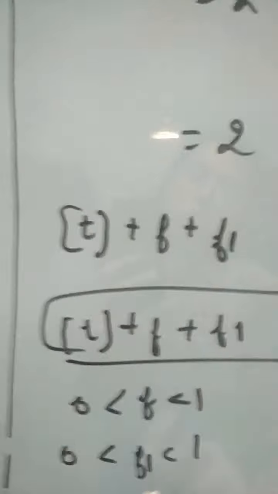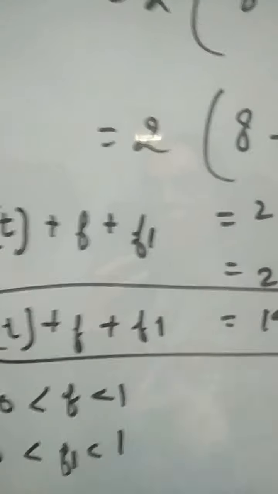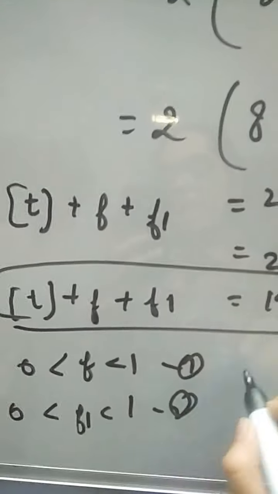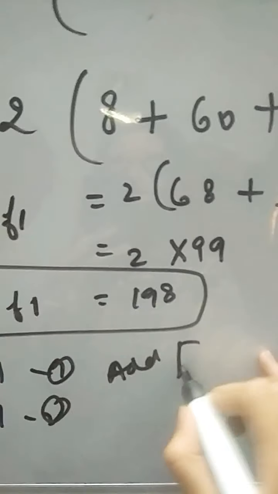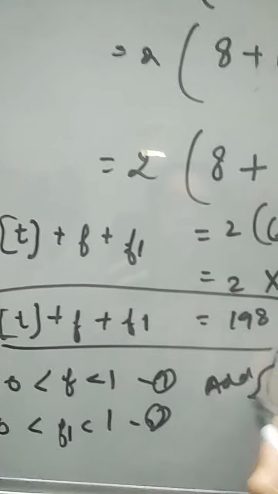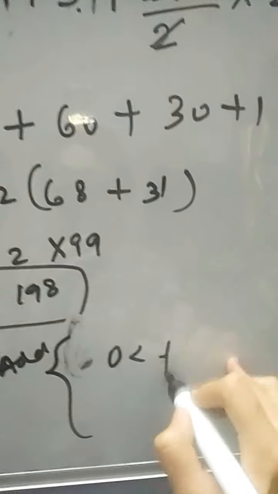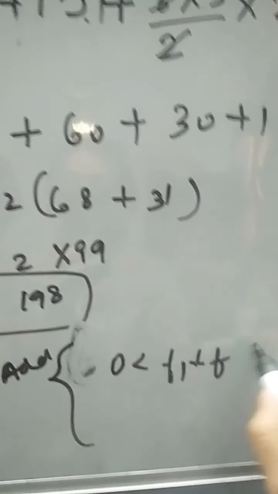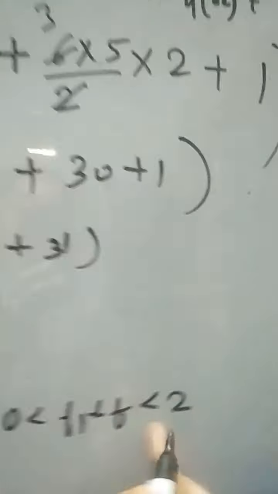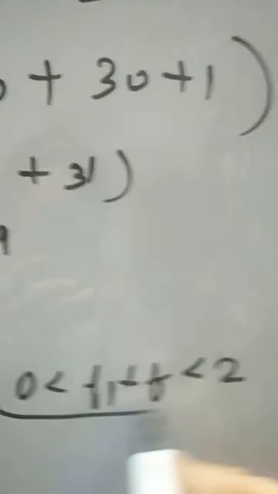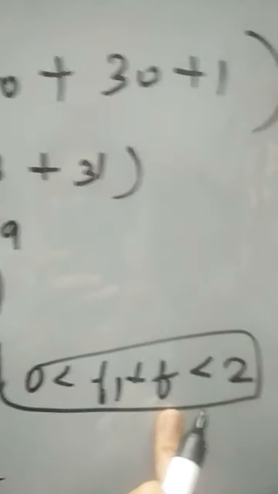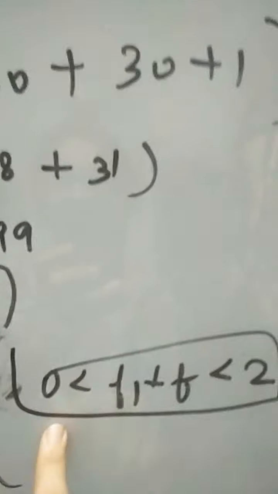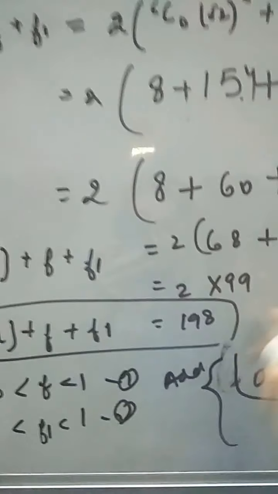So this f1 should also lie between 0 and 1, and if we add both, what we will get? 0 less than f1 plus f less than 2. Why? Because 1 plus 1 is 2. So we have got that f1 plus f is in between 0 and 2.